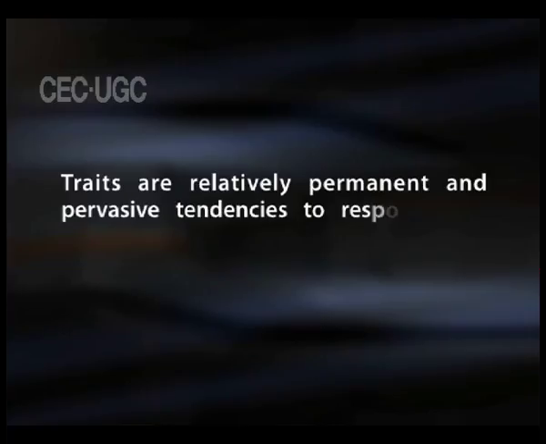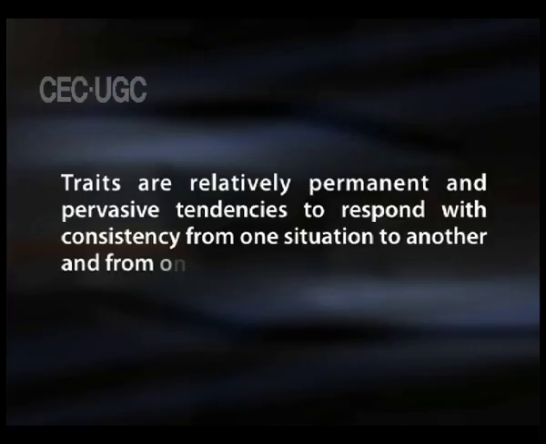According to Cattell, behavior is determined by the interaction of traits and situational variables, but his major organizing concept of personality resides in his description of various kinds of traits he has identified. Traits are relatively permanent and pervasive tendencies to respond with consistency from one situation to another and from one time to another.